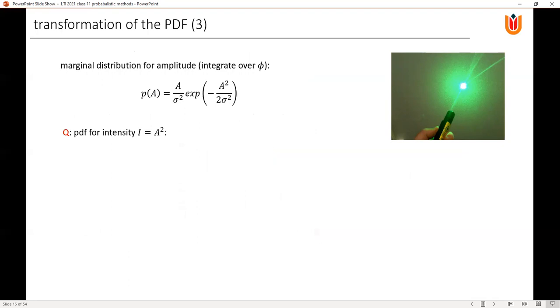We have an expression that relates it the other way around, so we can first calculate dI/dA and then get dA/dI from it.